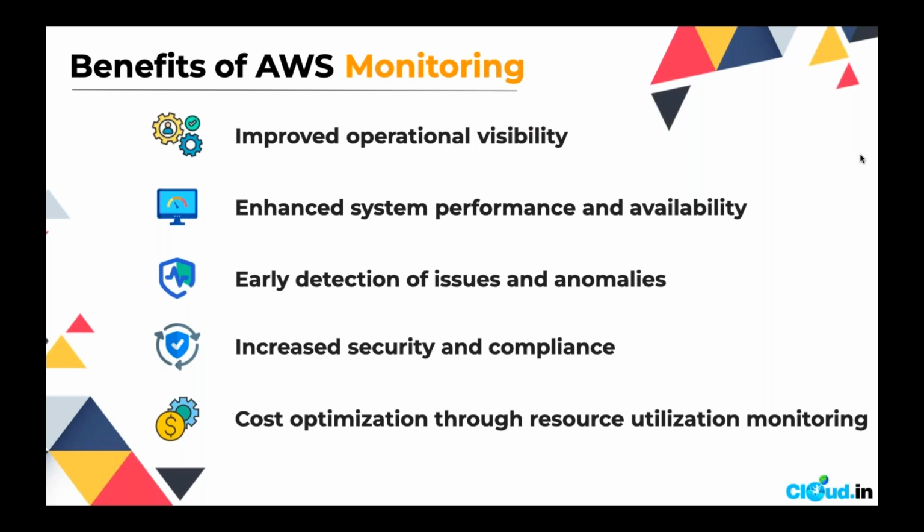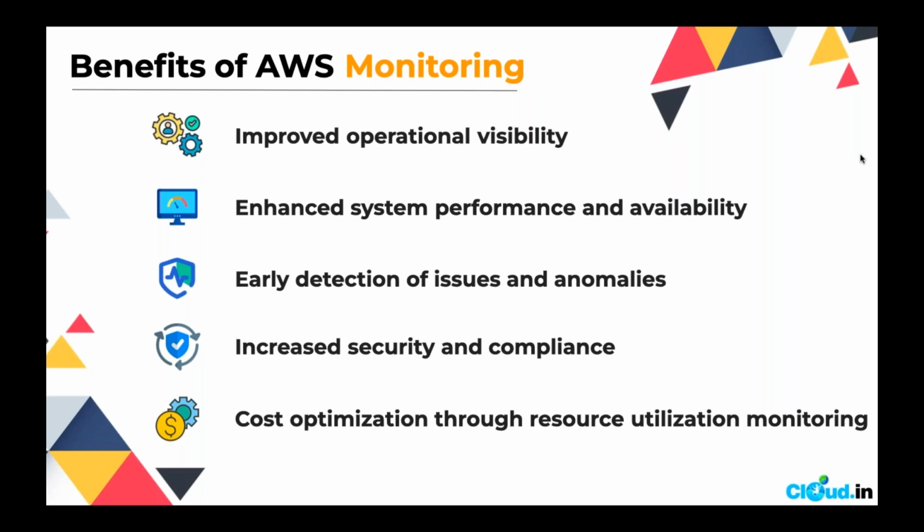This also helps you to ensure that your system remains responsive, scalable, and available. AWS monitoring helps you find and fix problems before they cause a big mess by checking things like how busy your servers are or how much memory they are using. This keeps systems running smoothly and makes sure that they are always available when you need them.